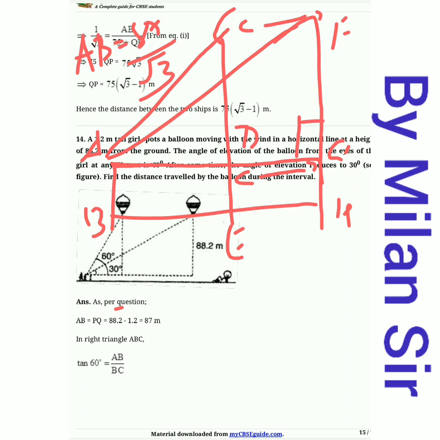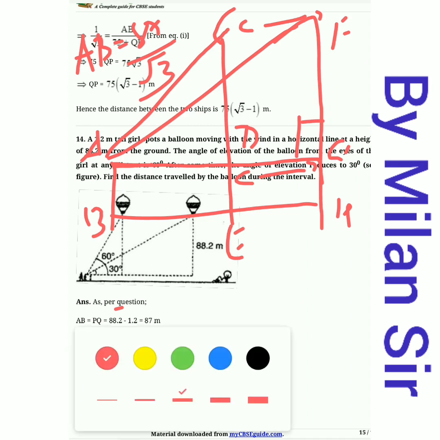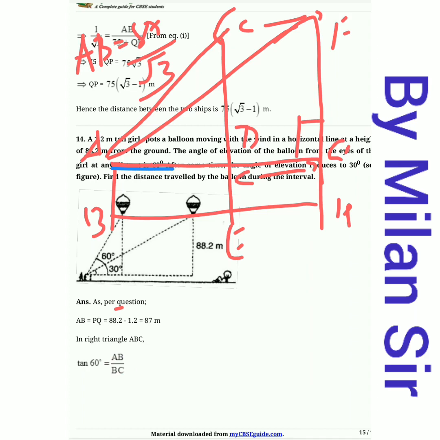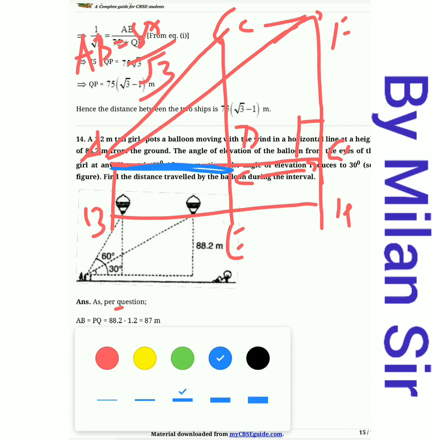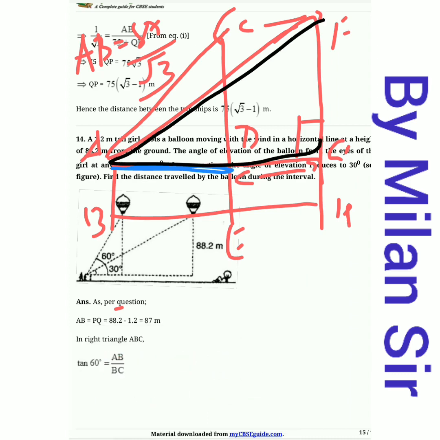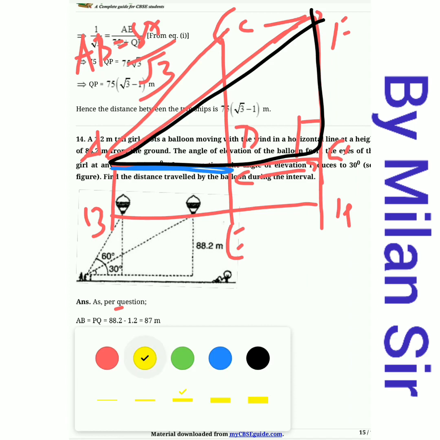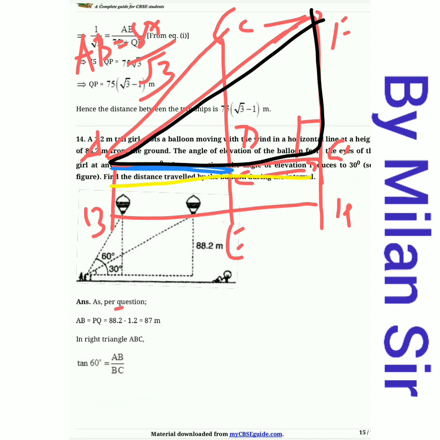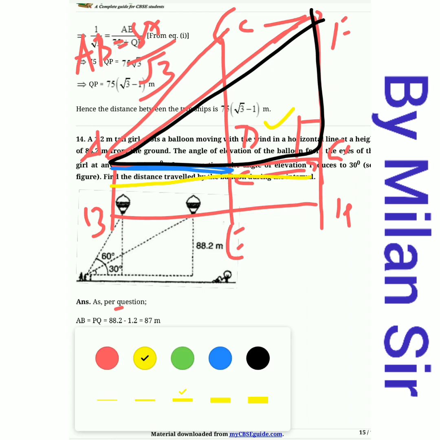From the first triangle, that means ACD, we get AD. Now from the second triangle FAG, we can find this side, AG, right? If we subtract AD from AG, then we can find this DG. That's why in the first triangle we find AD, right? Here not AB but AD.